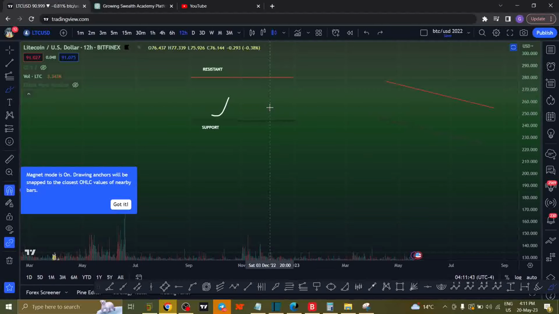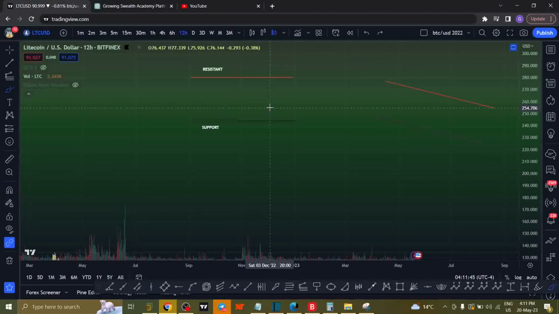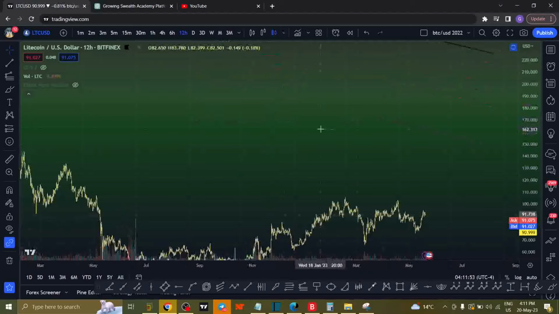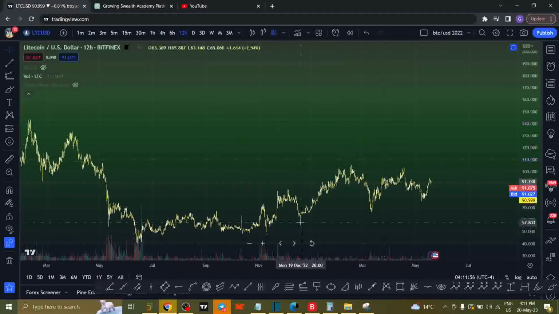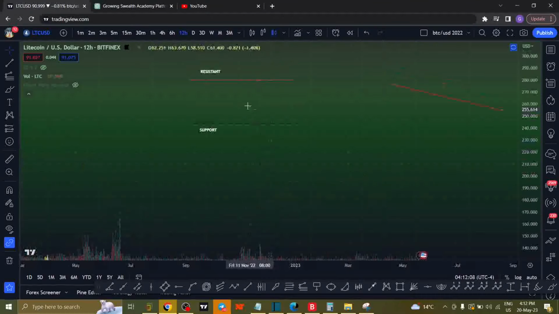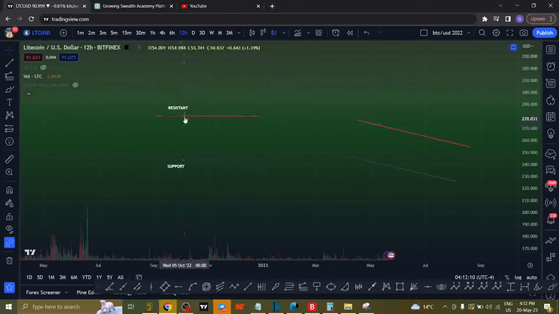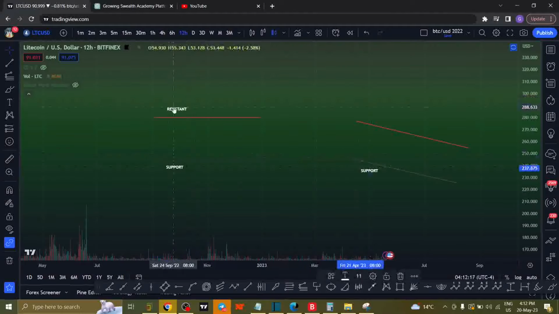Now, before we dive into deep water, let's work our way in from the shallow waters and then work our way into the deep end, which will be live case scenarios on real-time assets such as Litecoin. Right here, I have drawn two examples, a resistance and a support, and right over here on the right side, we have another support and resistance.